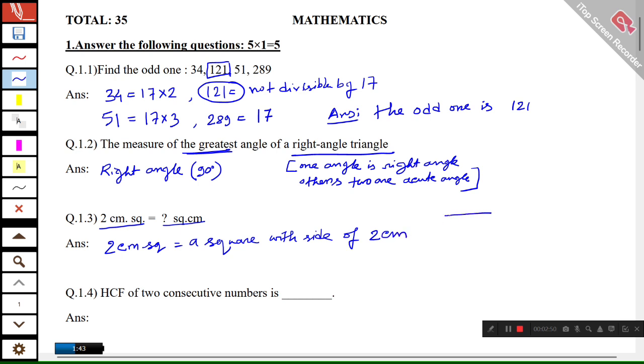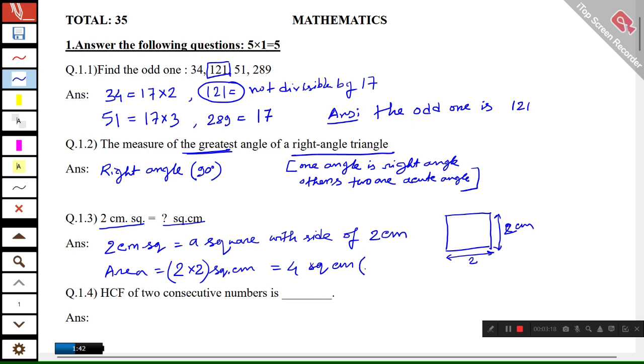So that means a square whose side length is 2 centimeter. So the area is 2 into 2 square centimeter. So that means 4 square centimeter. This is the answer.